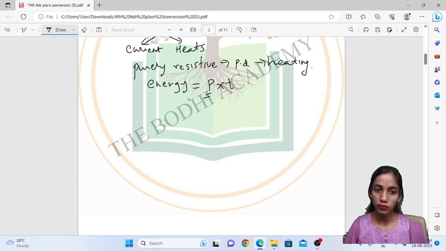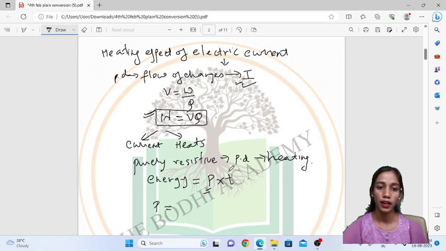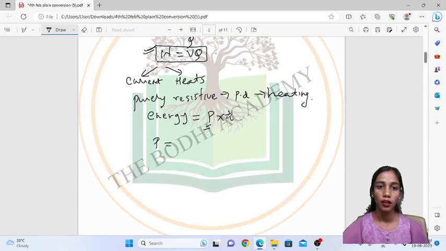So power is actually the energy consumed, meaning the work done. Power is the work done in that particular time. So we know that the formula for work done is VQ.